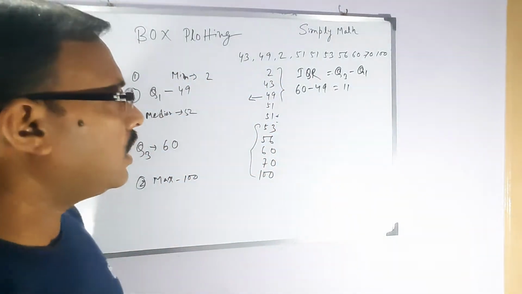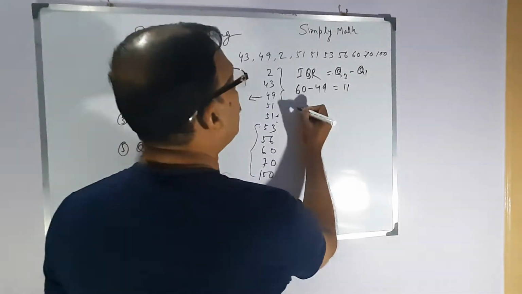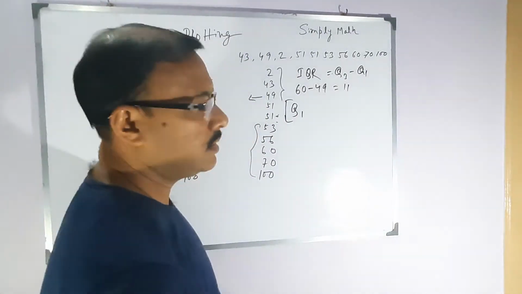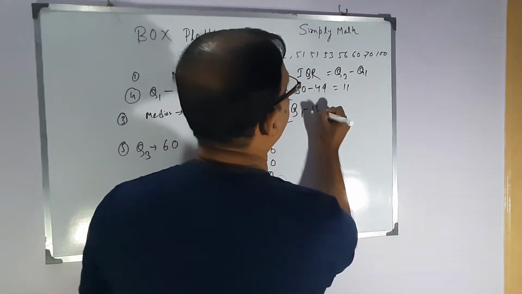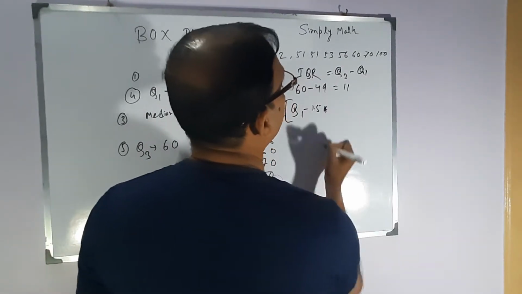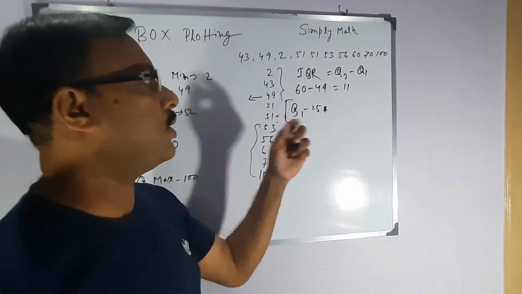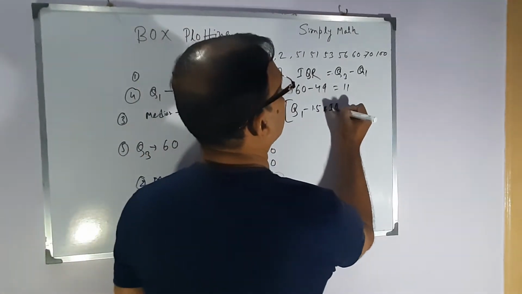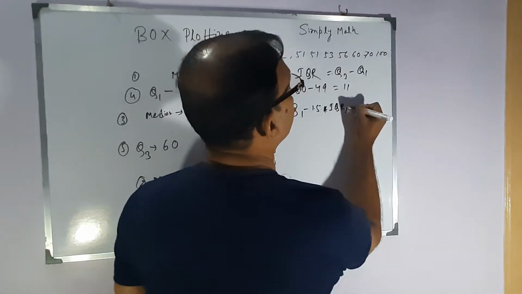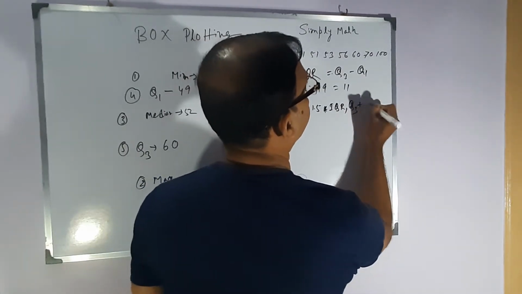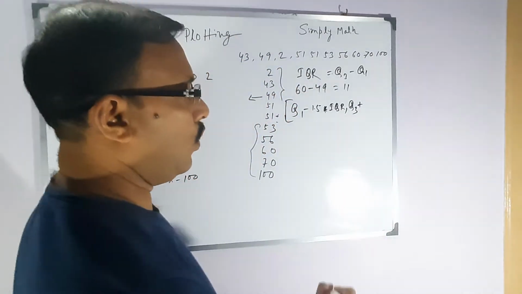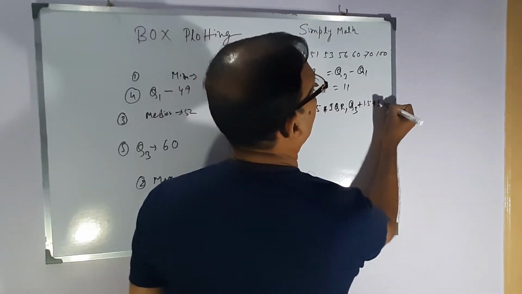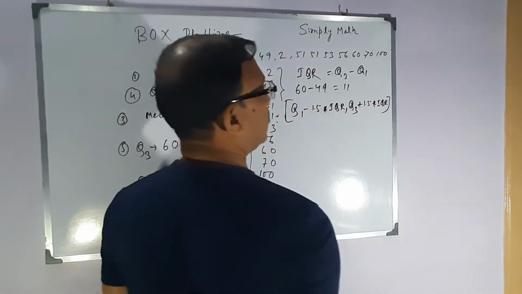My range will be Q1 minus 1.5 into IQR, comma, Q3 plus 1.5 into IQR, right?